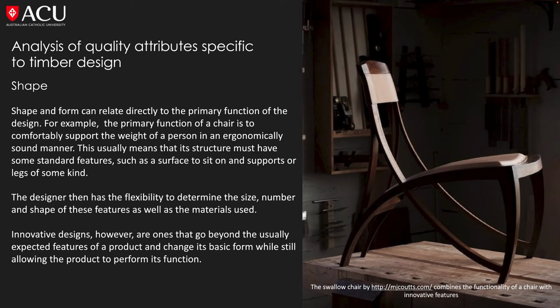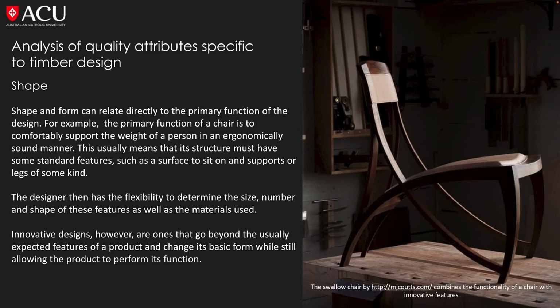Shape and form can relate directly to the primary function of the design. For example, the primary function of a chair is to comfortably support the weight of a person in an ergonomically sound manner, which basically means it needs to be comfortable. This usually means that its structure must have some standard features, such as a surface to sit on and supports or legs of some kind.